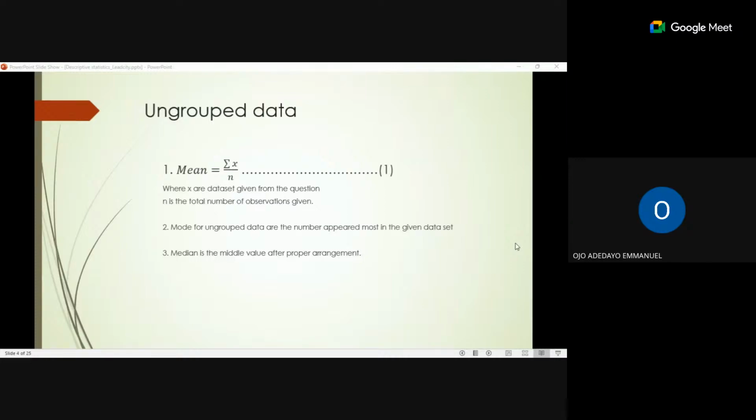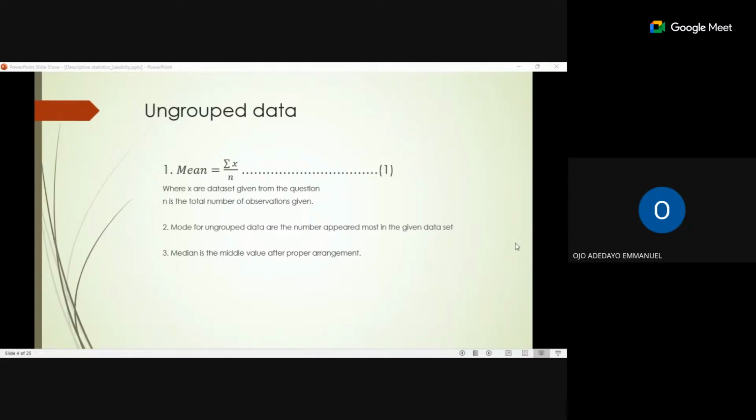Like I said the other time, let's say I have the data of the age of the total students in this class. Those data are not arranged. As you enter the class, I'm taking note of your age.